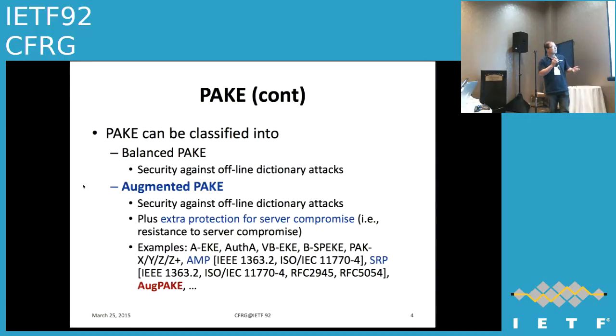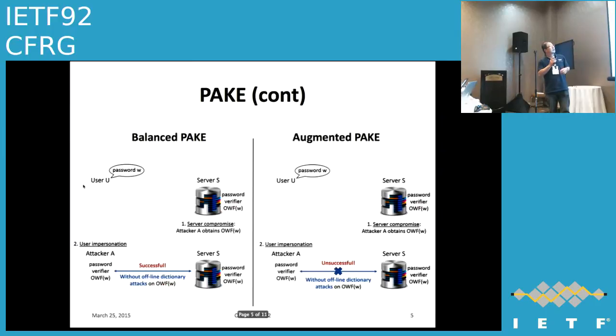This is sometimes called resistance to server compromise. There are many examples of augmented PAKE: AEKE, OSA, B-SPEKE, and also AMP and SRP and OPAQUE. OPAQUE belongs to augmented PAKE. Next, please.